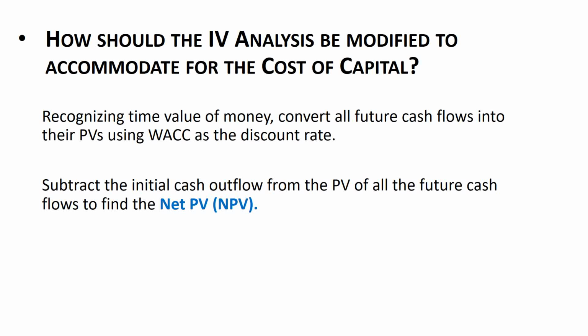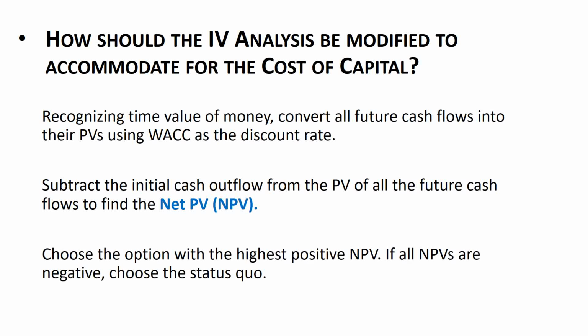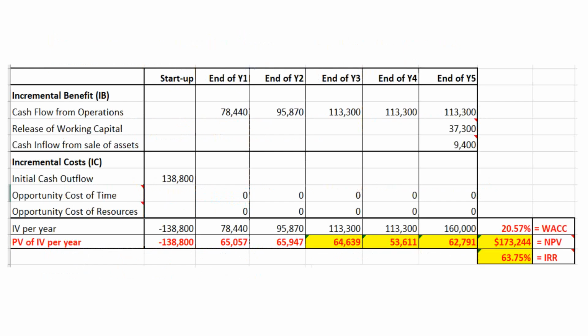So you say, oh, I surrender all that, and you discount them to find the present value of all those payments, and then you see, is that more than the 138,800 you need? Then you choose the option with the highest positive NPV. If there are two options, find the NPV of the first one, the NPV of the second one, and choose the one with the highest NPV. If all NPVs are negative, then you choose the status quo.